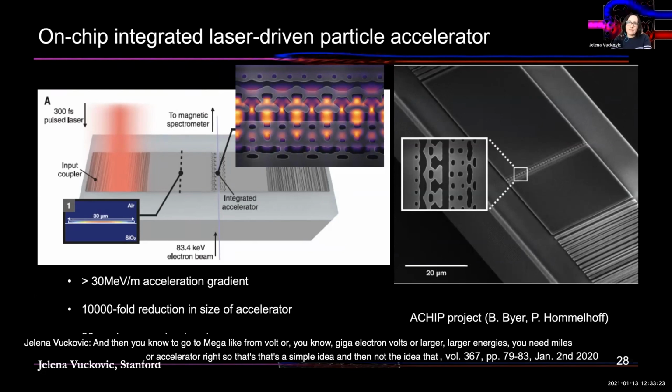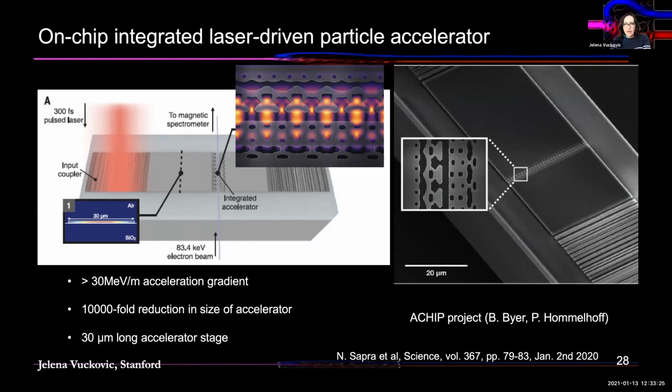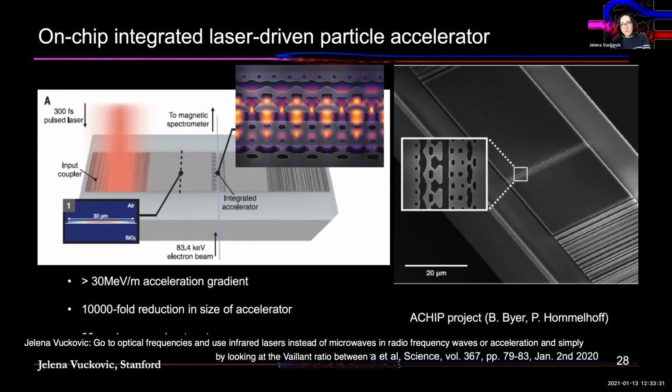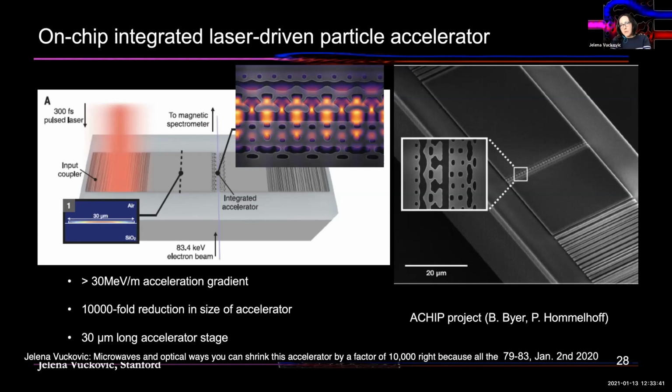And then the idea that our A-chip team led by Bob Bayer and Peter Hommelhoff had was to go to optical frequencies and use infrared lasers instead of microwaves and radio frequency waves for acceleration. And simply by looking at the wavelength ratio between microwaves and optical waves, you can shrink this accelerator by a factor of 10,000, right?